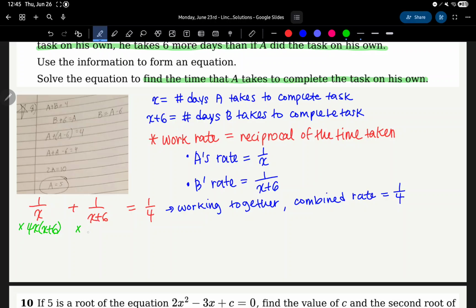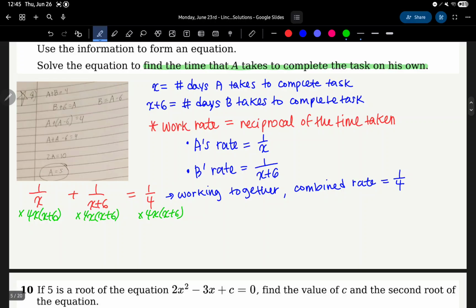We're going to combine all of the denominators here. I know it kind of looks weird, but I don't really have space. So that's going to look like 4 times x plus 6, plus 4x, is equal to x times x plus 6. So we're just getting rid of the denominators here.